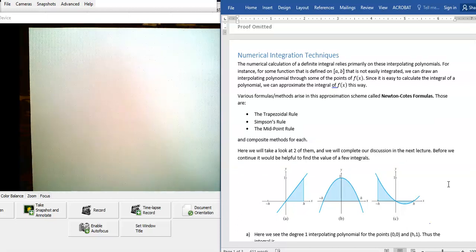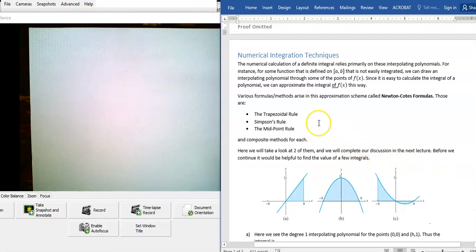We can't do an integral analytically for it. We use these approximating techniques using these interpolating polynomials to get the integral, right? So if we draw the interpolating polynomial for some points of f of x, because the polynomial is easily anti-differentiated, we can use that polynomial to approximate the integral of f of x.